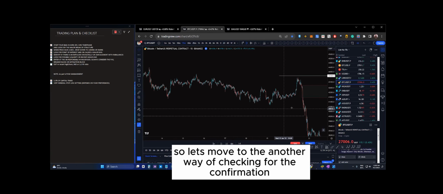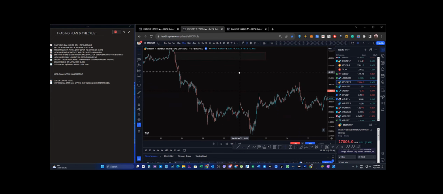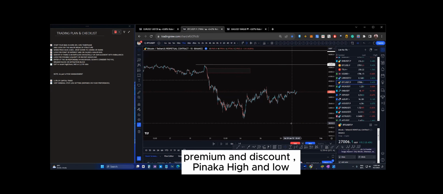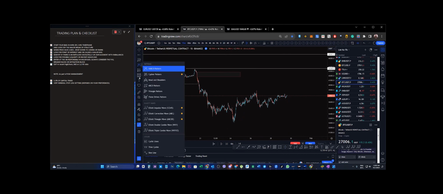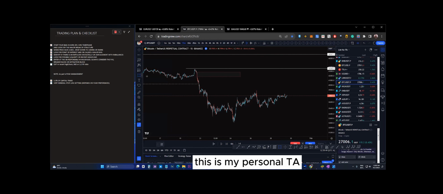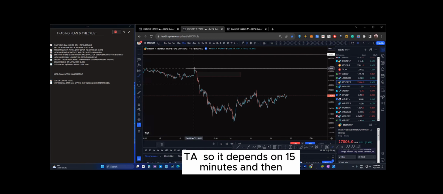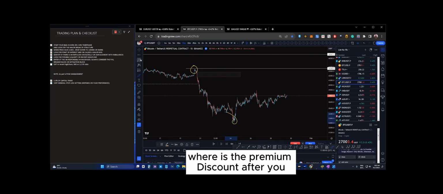Okay. Balikan natin yung isa pa nating ginagawa. Ano yung isa nating ginagawa? Okay. Yung premium and discount, pinaka-high and low. So, ano ba ang pinaka-high dito? Ito, this is my personal TA na. So, it depends. So, ito yung pinaka-high na nakikita ngayon in 15 minutes. And then, ito yung pinaka-low. Saan ang premium niyan?